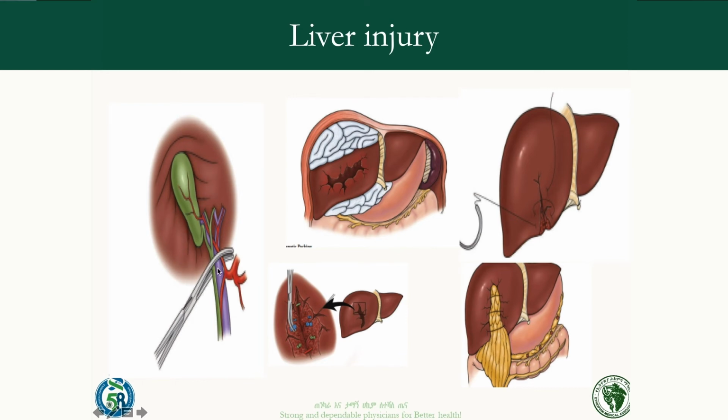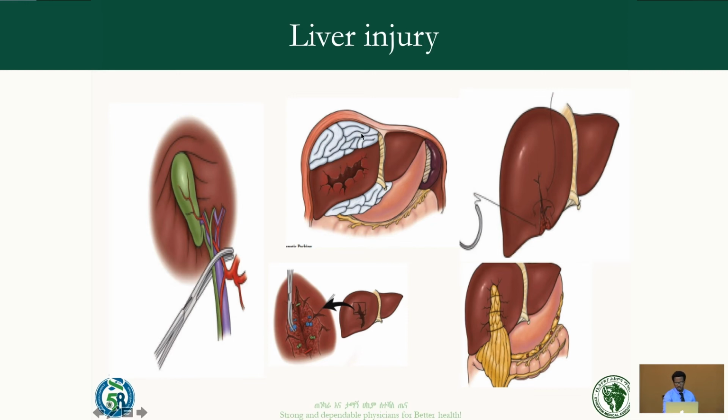This is the Pringle maneuver: the portal triad, involving the common bile duct, the portal vein, and the hepatic artery, is clamped with a non-crushing clamp, so that the bleeding from these vital structures will be controlled. We need to make sure that the occlusion isn't for a long period of time, so as not to cause necrosis of the liver.